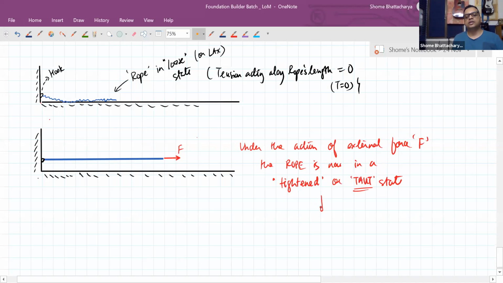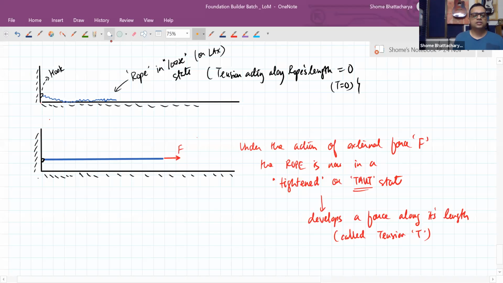Okay. So it develops a force along its length. Okay, and this is called tension T.